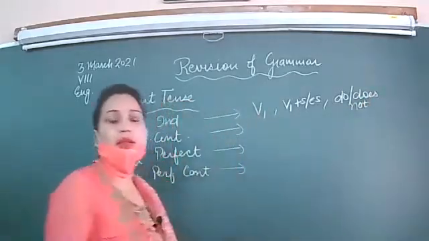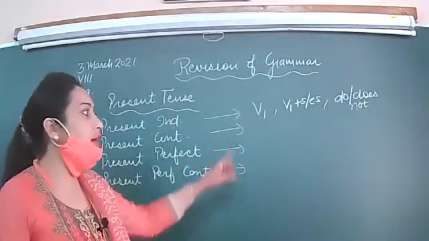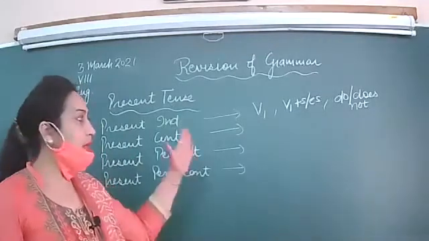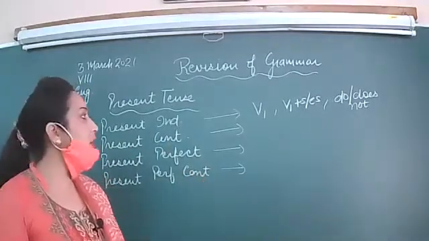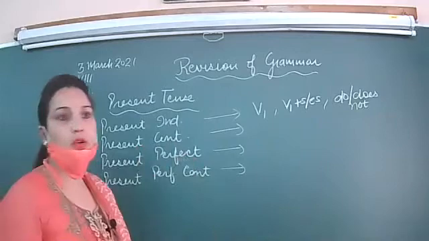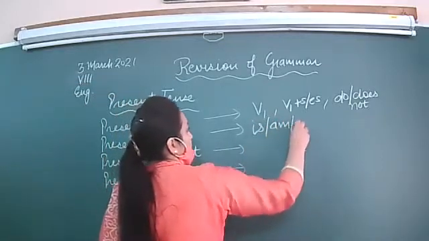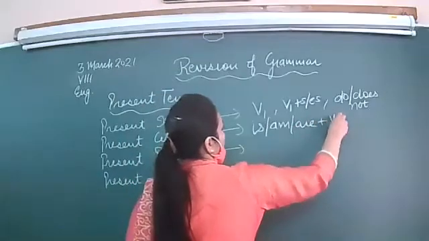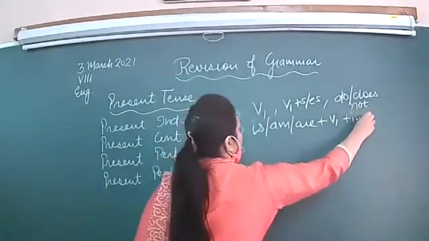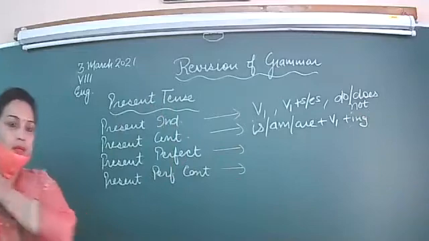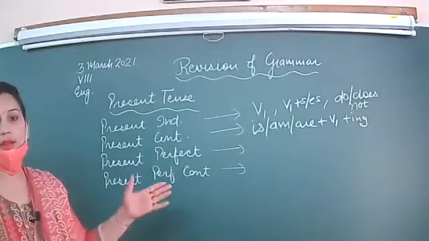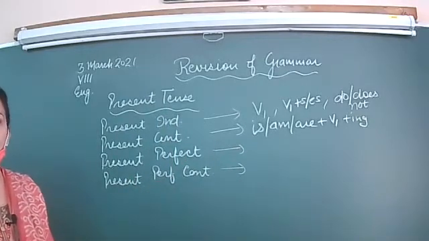In the case of interrogative, do and does are put in the beginning, then subject, then verb first form. In present continuous tense, is, am, are plus verb first form plus ing. In negative, we will be adding is, am, are plus not. And in interrogative, is, am, are will be put in the beginning.